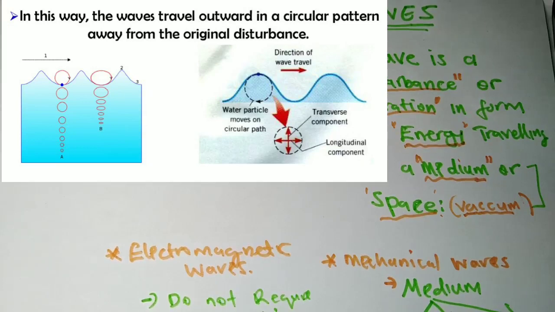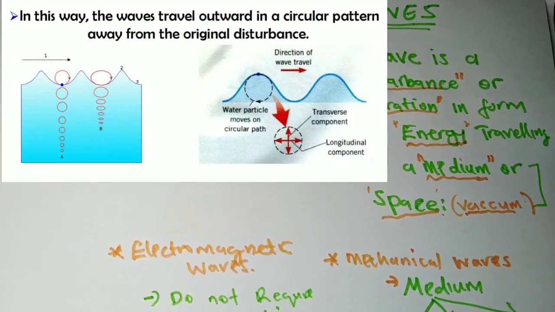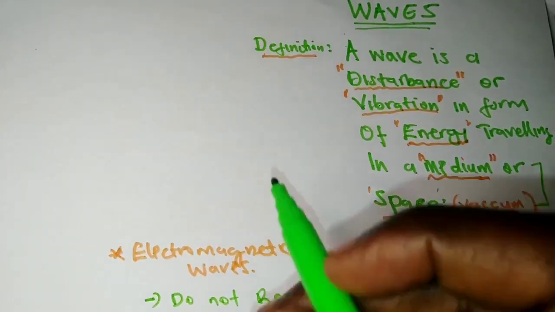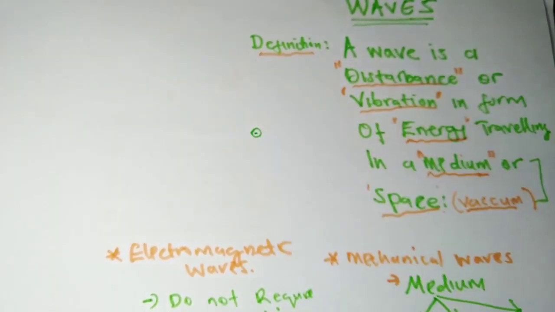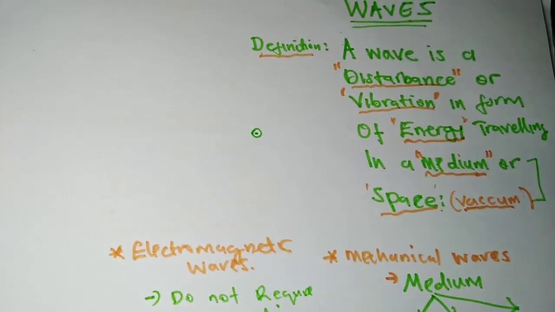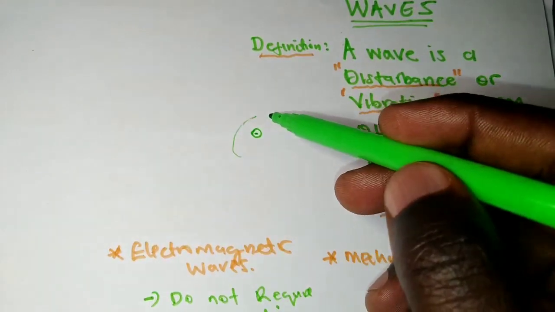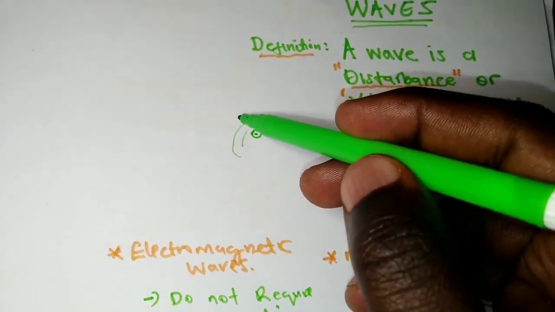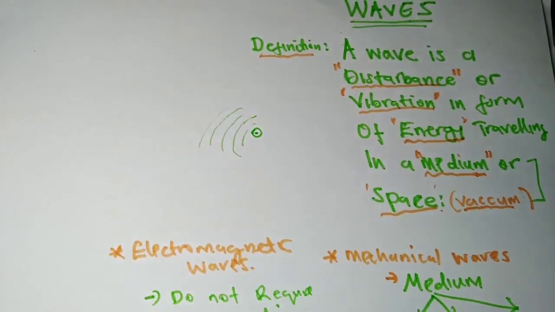Where is the disturbance? You have a point of disturbance. Let me just try to illustrate this. Say this is the point of disturbance, and that's where the man is hitting. These waves will start traveling to other areas, transmitting energy.